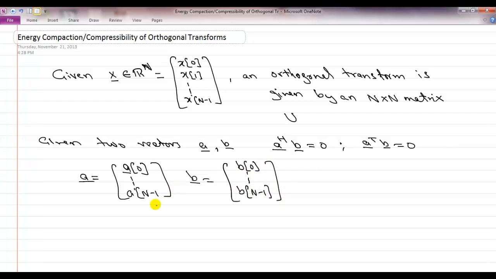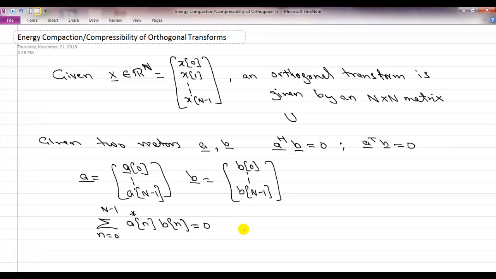And if you write this orthogonality expression, then that is simply equal to saying that the sum over n equal to 0 to N minus 1 of A of n times the conjugate of B of n equals 0. Okay? So it's just a generalization of the orthogonality definition that you have seen many times before about orthogonality of the discrete sinusoids and so forth. Okay? So an orthogonal transform is one where the columns of U are orthogonal.